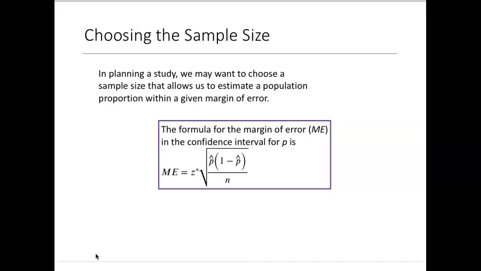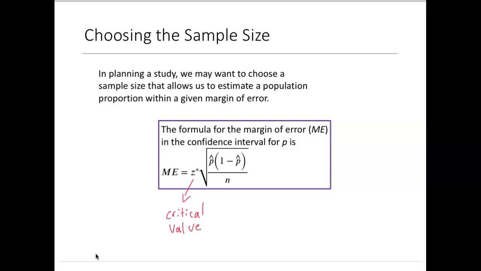All right, remember this is how we calculate margin of error for a confidence interval. It's what we call a critical value, and that comes from what level of confidence we want to have.